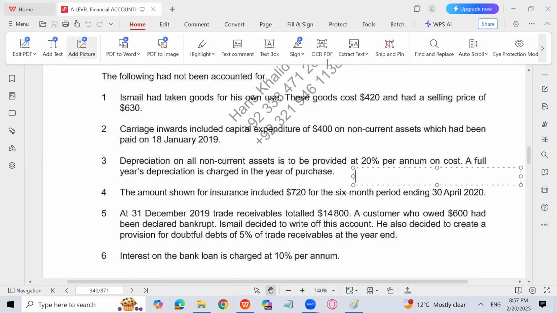November and December are fine, but January, February, March, April, that is 4/6, is supposed to be prepaid, because that has been paid for the next year. So 720 into 4 divided by 6 will come 480. This 480 we need to subtract from the insurance.